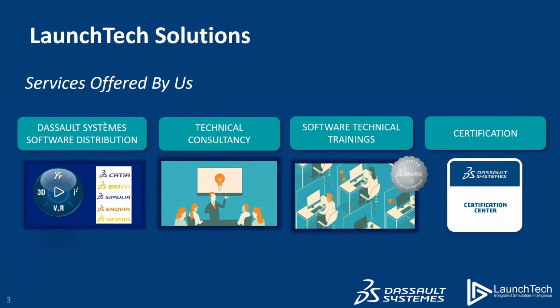We also give consultancy services for technical projects, and we conduct software technical trainings based on the software used in the manufacturing industries. We also provide certifications for all these software, which are a standard in the industry and highly recognized worldwide.